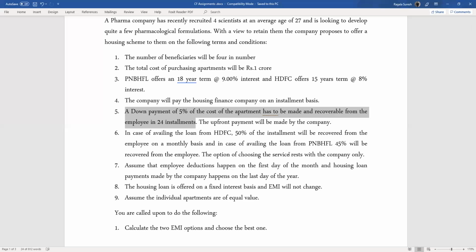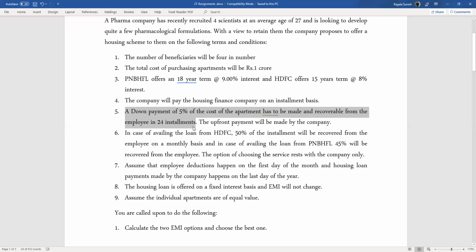And one more thing. 5% of the cost as down payment has to be made and is recoverable from the employee in 24 installments.